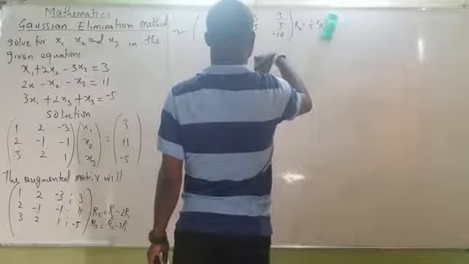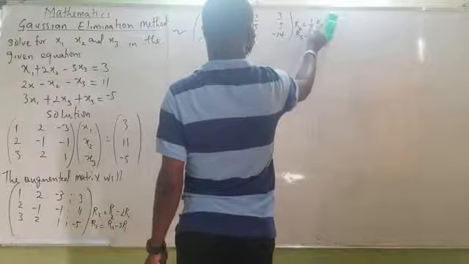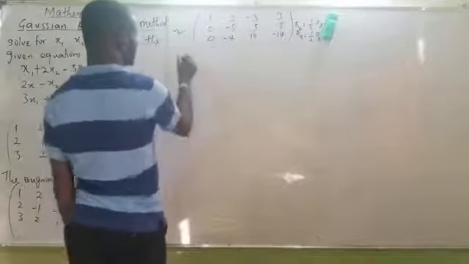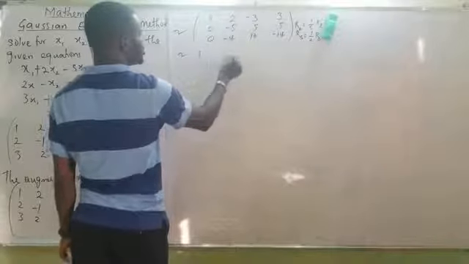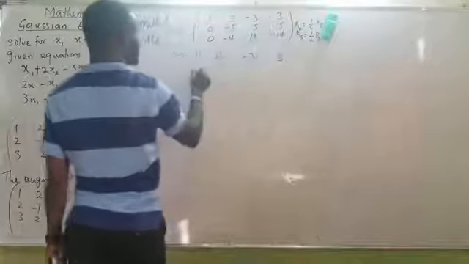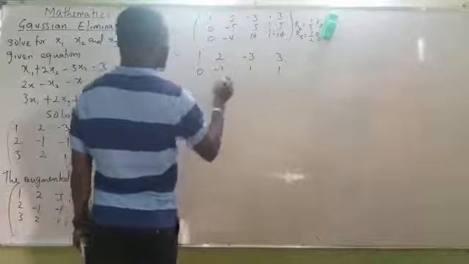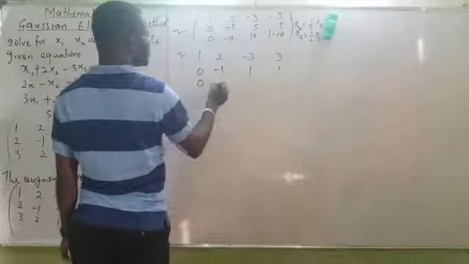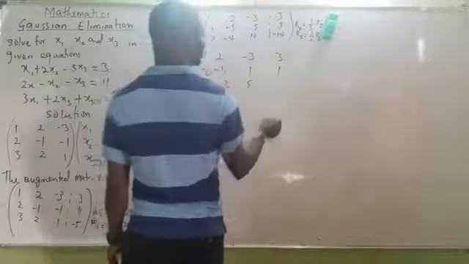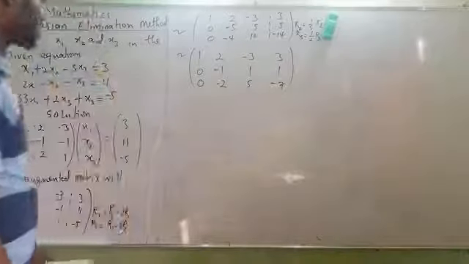I can also say that my row 3 can be equal to 1 over 2 row 3, just to have simpler numbers that will be easy for me to handle. Minus 3, 3, and don't forget this is my augmented column. I have 0, minus 1, 1, and 1. And 0, minus 2, 5, and minus 7. That is what I'm going to have.